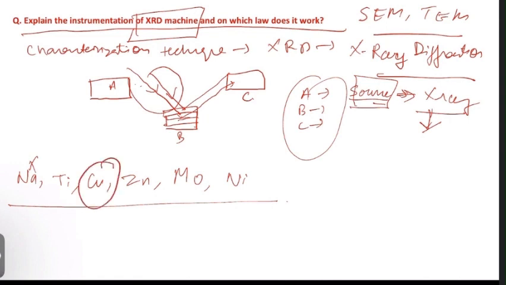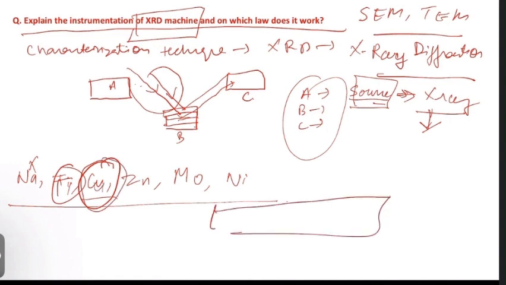Any other? Maybe titanium. We need a heavy atom like copper. No, titanium is not. You gave the example of copper, right?